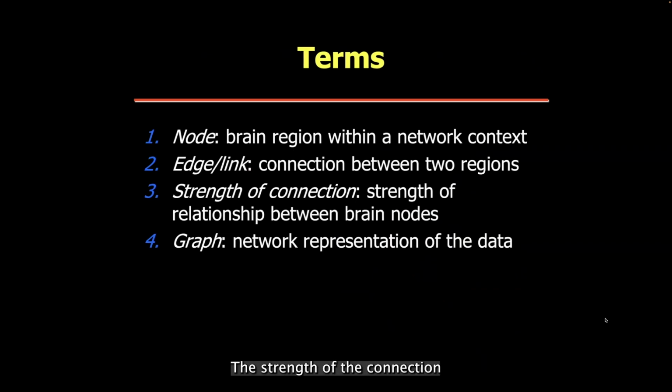The strength of the connection is the strength of the relationship between these nodes, and that's typically determined using a correlational analysis. I'll show what that means in a minute, but in essence, the more strongly two areas are correlated, that value will go up and give us a stronger connection, a link.